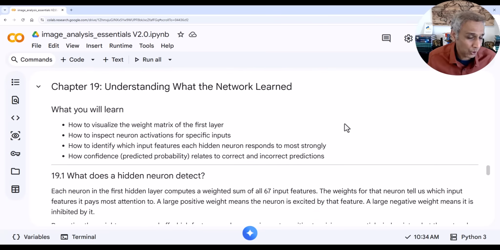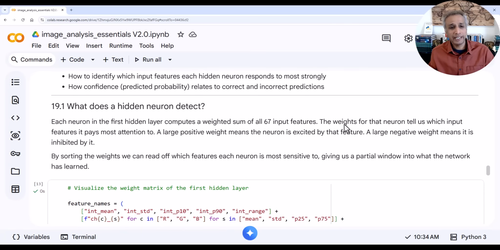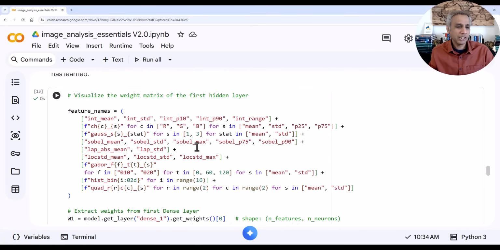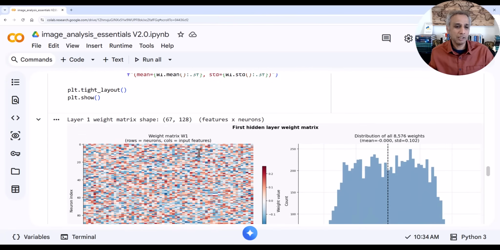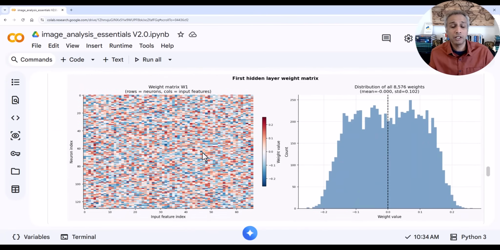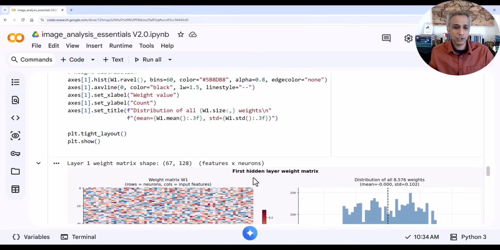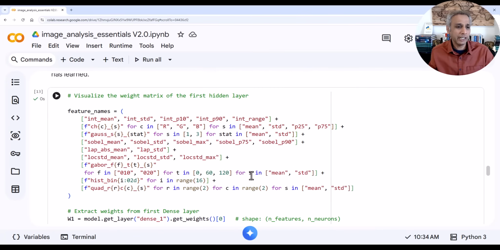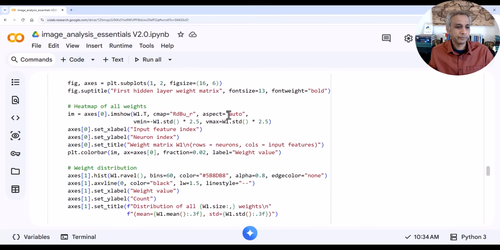Okay, so understanding what the network learned, again, I'll skip through these. You can read through them. There is a lot to learn, but not much to learn right now from our data because everything looks pretty random. Here, I'm asking the question: can we identify different features in the weight matrix for the first hidden layer?